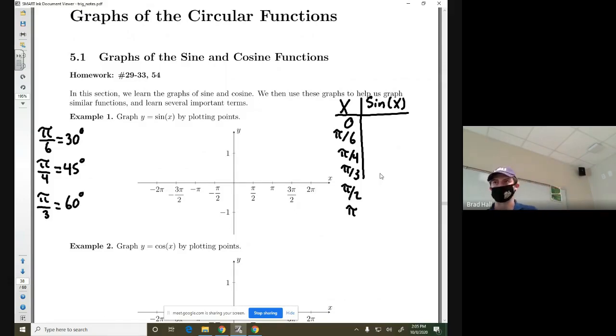So I am going to be switching to predominantly radian measure. So you do need to keep those in mind, that when I say pi over 6, pi over 4, and pi over 3, I'm referring to 30, 45, and 60 respectively. And then pi is 180 degrees. 3 pi over 2 is 270, and then 2 pi versus 360.